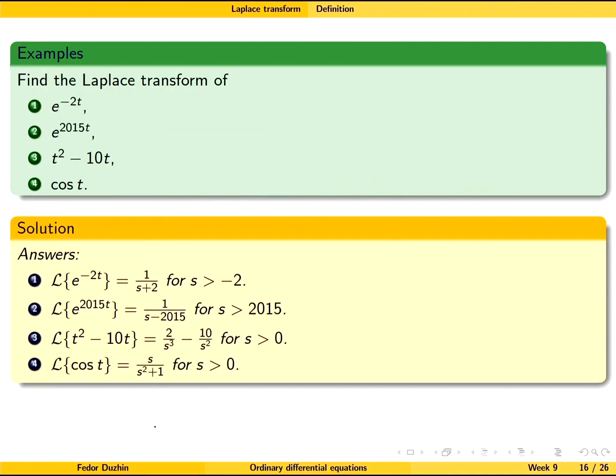Another thing is that the domain of the resulting function can be, I don't know, some infinite interval from -2 to infinity, or from 2015 to infinity. But it depends. So there could be different cases here.